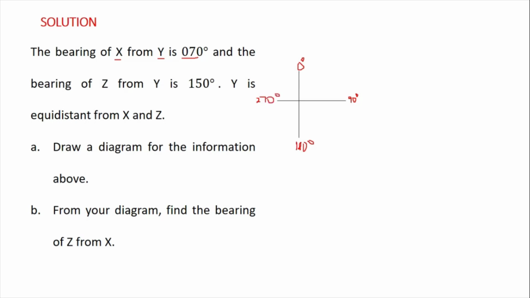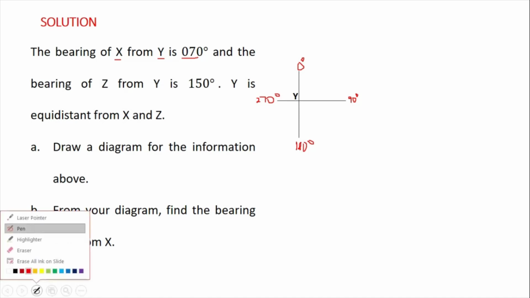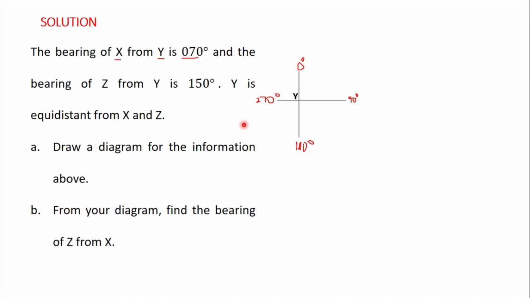Now our starting point is Y, our ending point is X, and the angle is 70 degrees. So we measure 70 degrees from 0 in the clockwise direction, and that will give us this. We draw our line, then we indicate X here as the ending point.